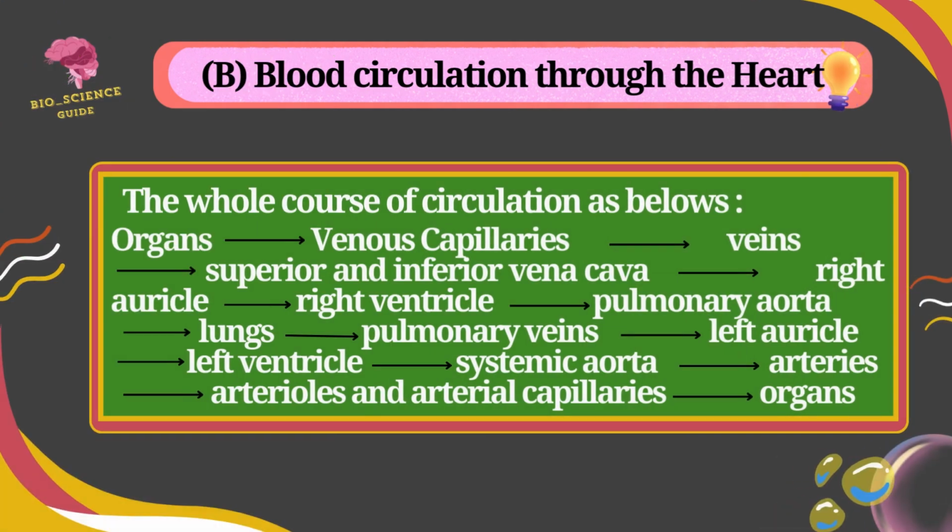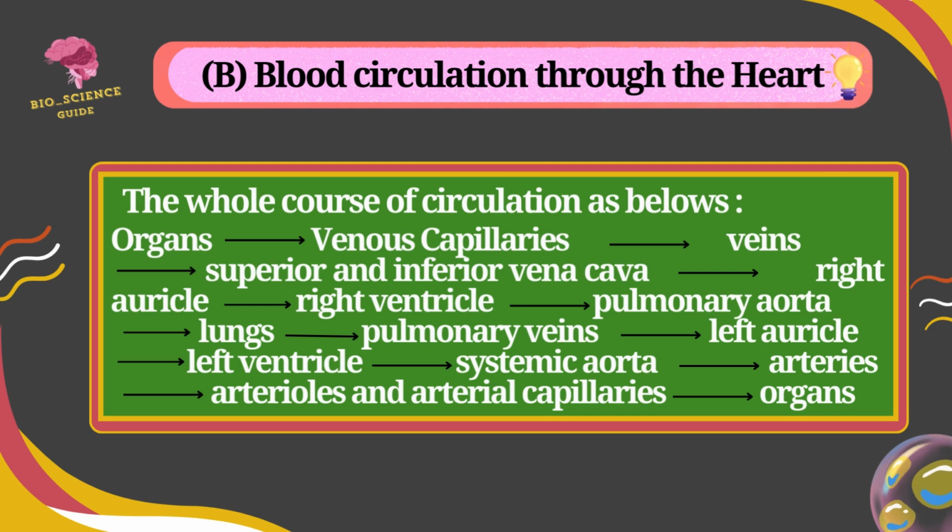The blood circulation through the heart: the impure blood present in the different organs of our body is collected by the venous capillaries and into the veins, which carry it through the superior and inferior vena cava into the right auricle.